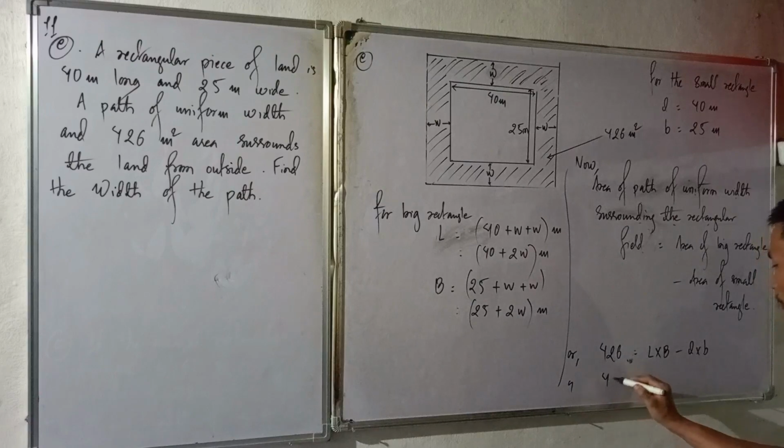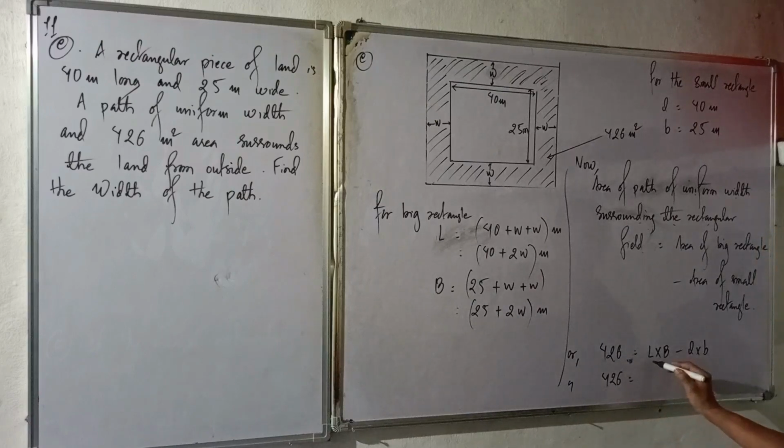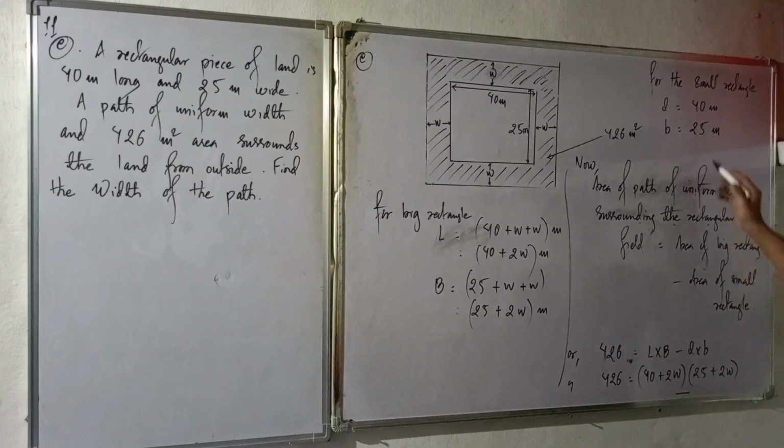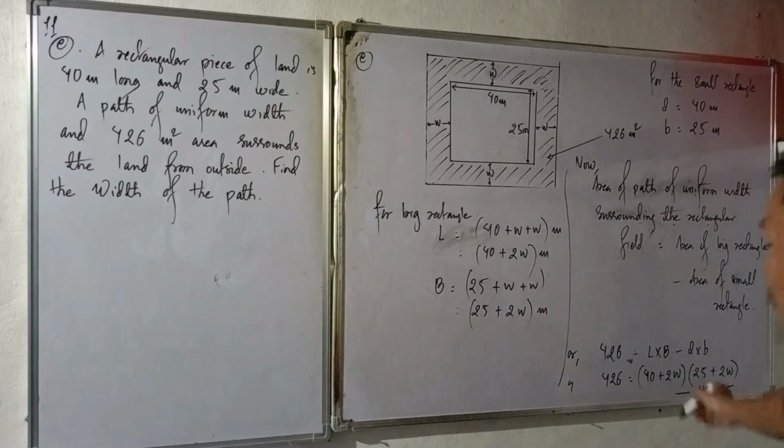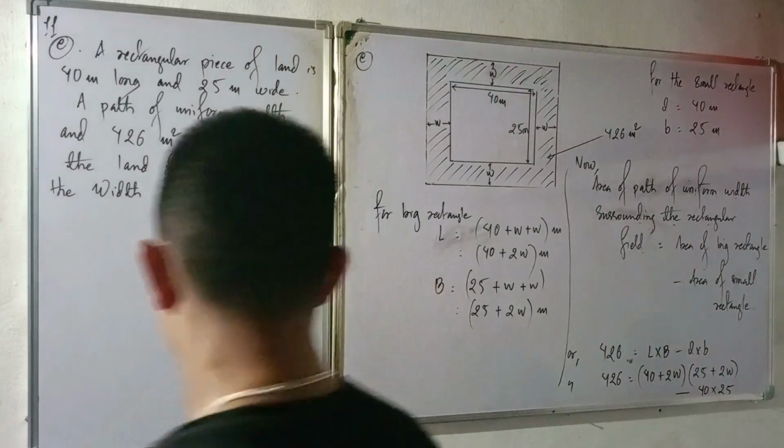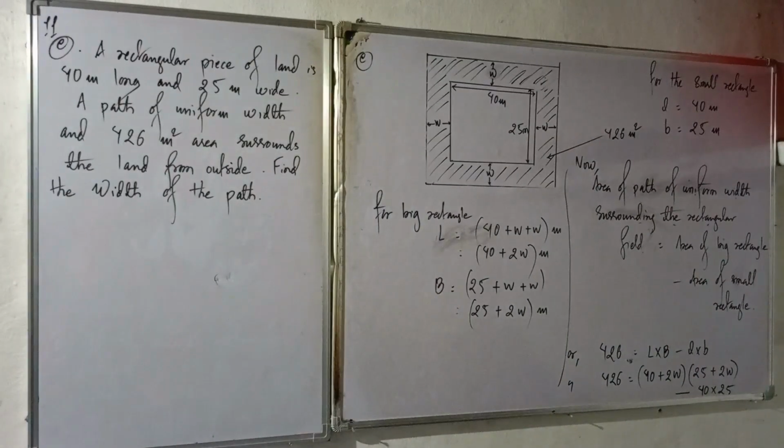So 426 equals capital L, which is 40 plus 2 times W, and B, which is 25 plus 2 times W, minus length 40 and breadth 25 for the small rectangle. Okay, now I'm going to shift that problem here.